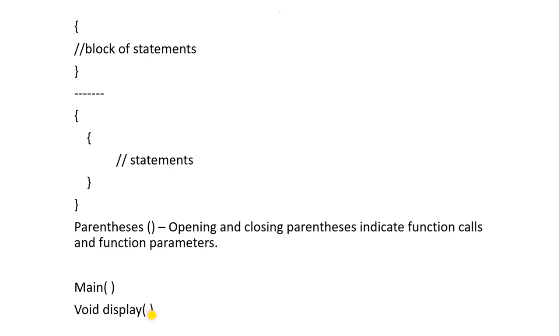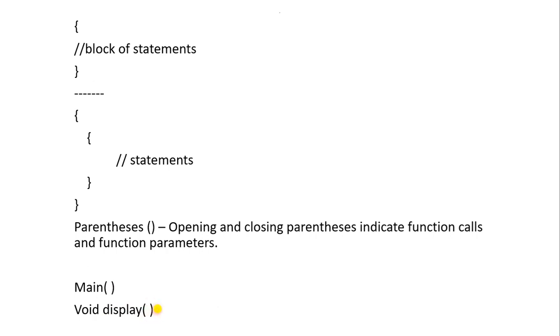So void is the return type, display is the method name, and this is the parenthesis. In it we will write arguments. Whether an argument is a must or not, we will see later.